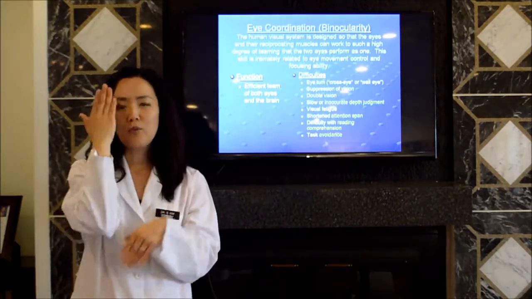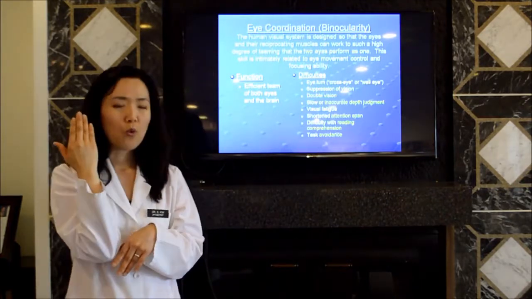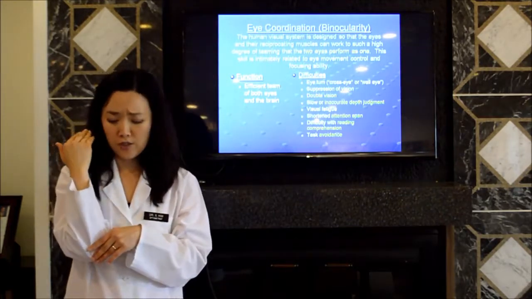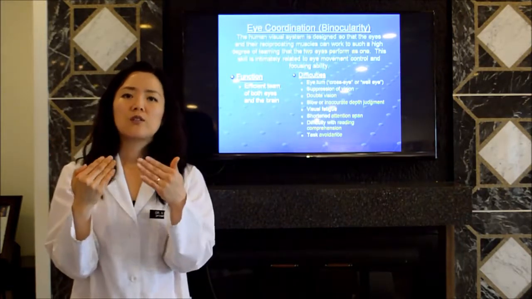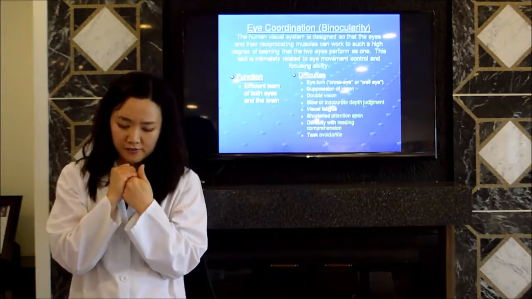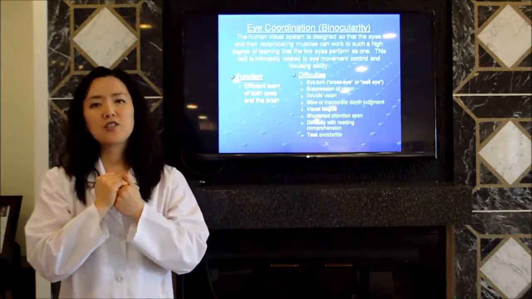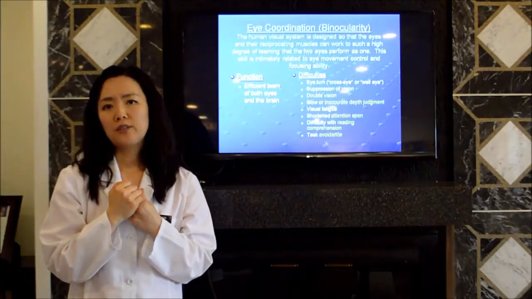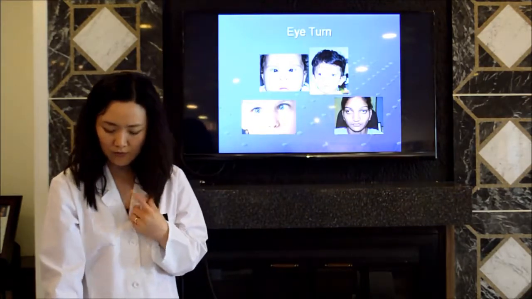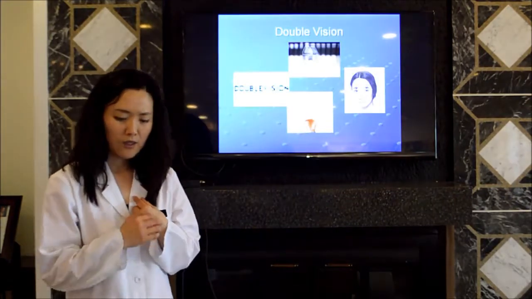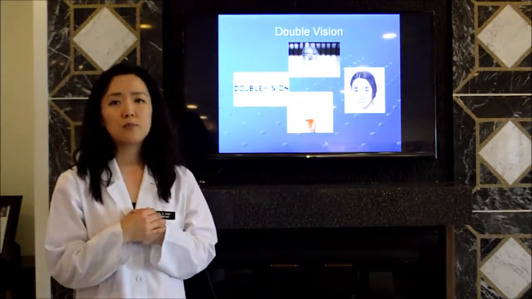They look the same, but one eye is not functioning. Or they may see double vision. When you see double vision, your depth perception is very off, and your attention span will be shortened because it is very confusing. I'll show you some pictures of eye turn and some examples of double vision.